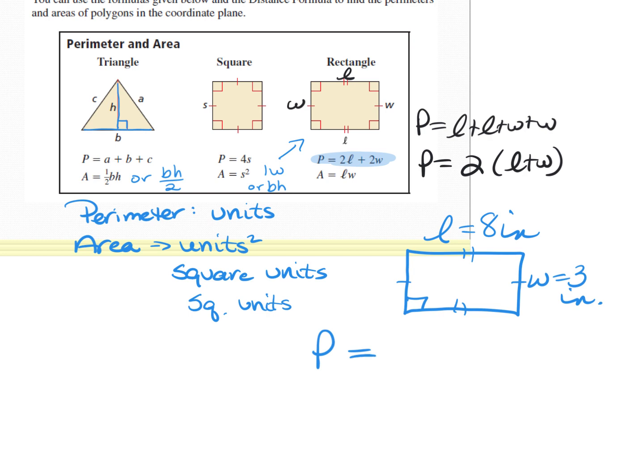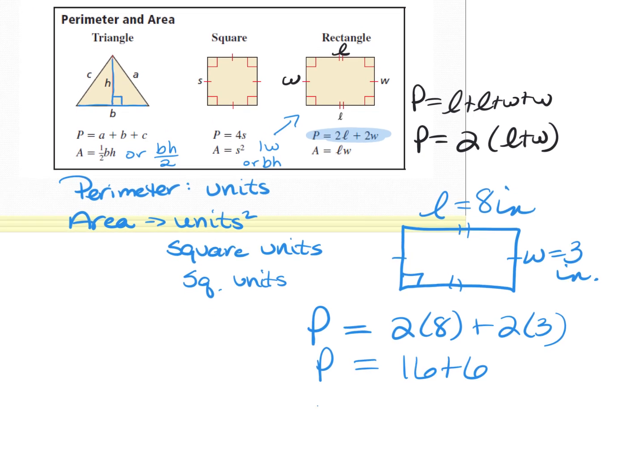So what we would do here is if we use the formula pictured up there, we would do 2 times 8 plus 2 times 3 gives me 16 plus 6. So my perimeter is going to be 22. And then in this case, they gave me a unit, so it's going to be 22 inches.